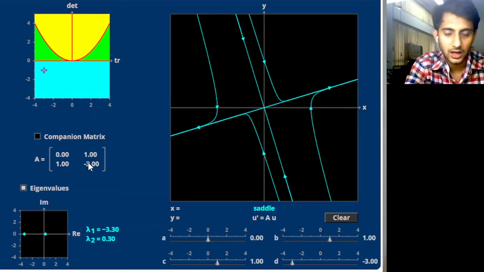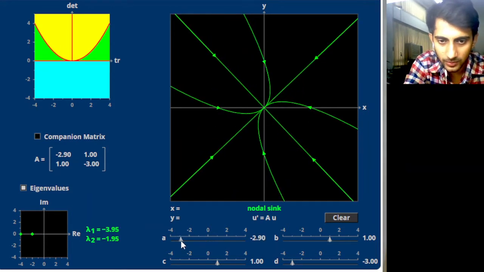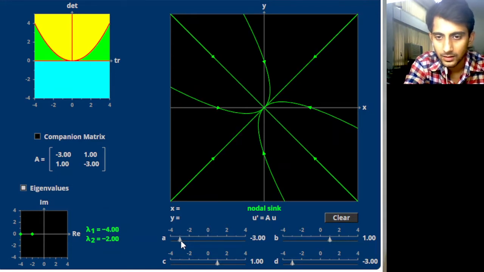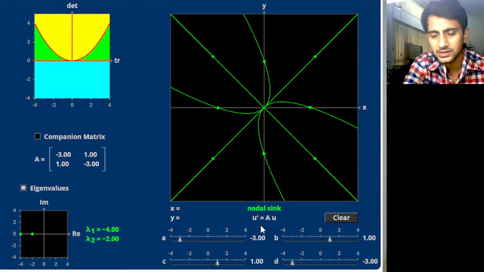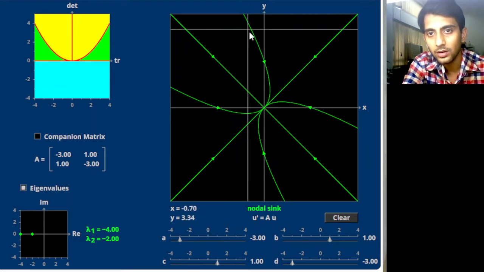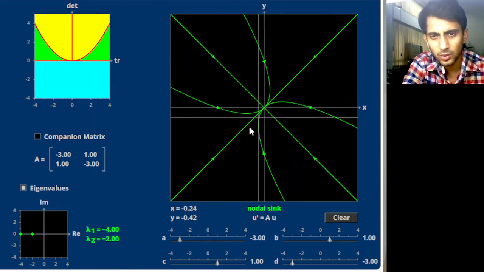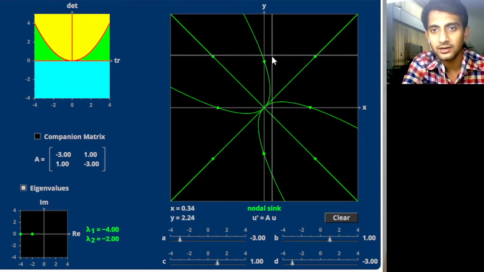And if you have taken a screenshot of the matrices I showed earlier, then you will know that our first matrix is -3, 1, 1, -3. So this is a nodal sink, and as I told you, sinks are always stable. You see that all lines are coming towards this node, and only a few trajectories are mentioned. There can be infinite trajectories.